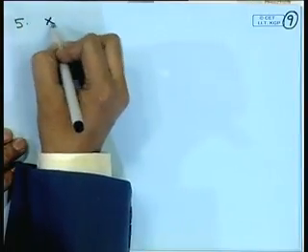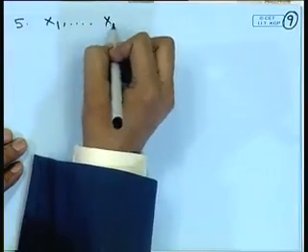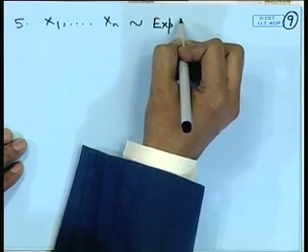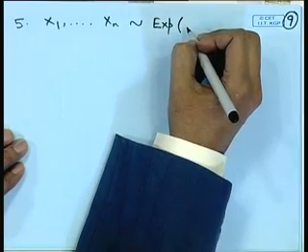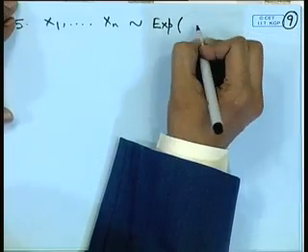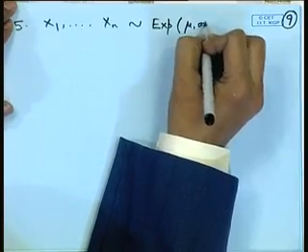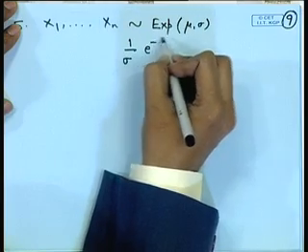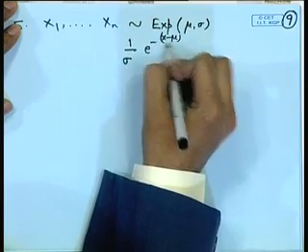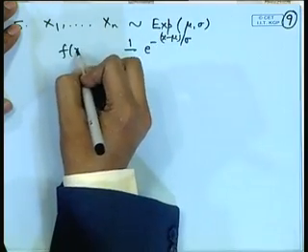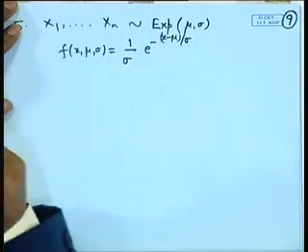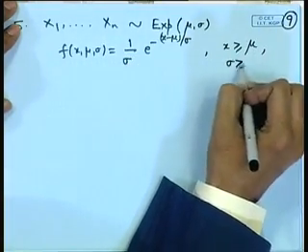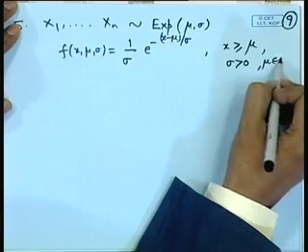Let us take another example, say x 1, x 2, ..., x n follow the exponential distribution. Let me consider the 2-parameter exponential distribution with parameters mu and sigma, that means the density function is 1 by sigma e to the power minus (x minus mu) by sigma, where x is greater than or equal to mu, sigma is positive and mu is any real number.